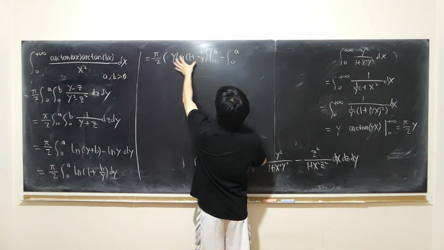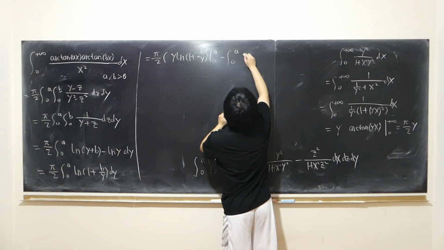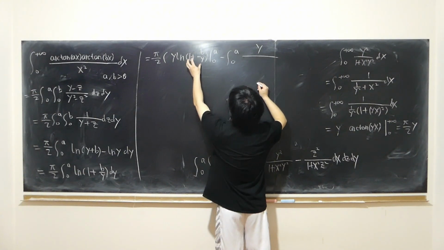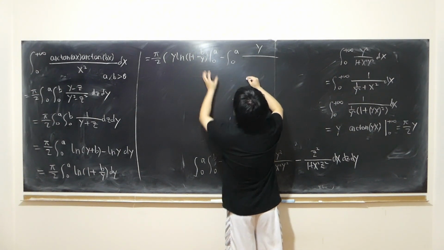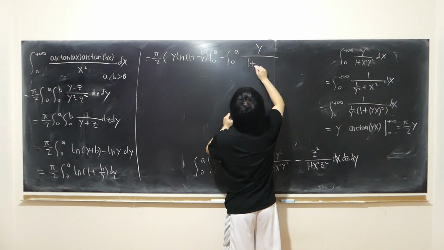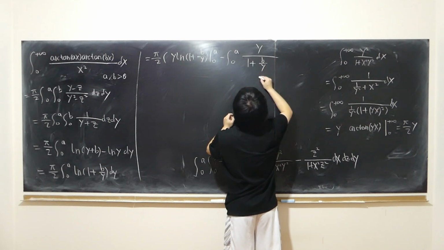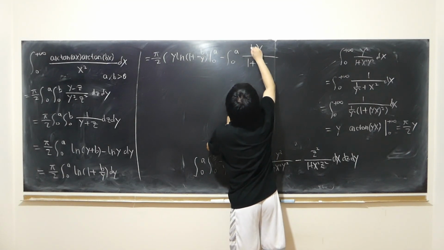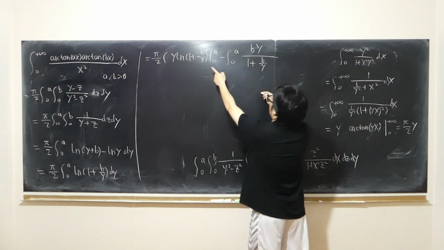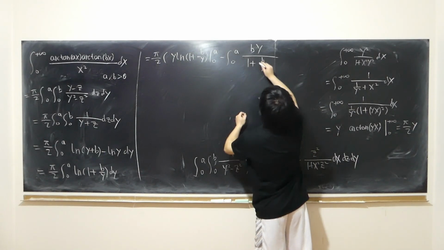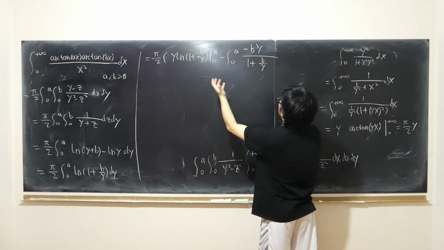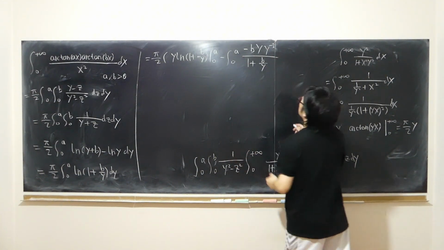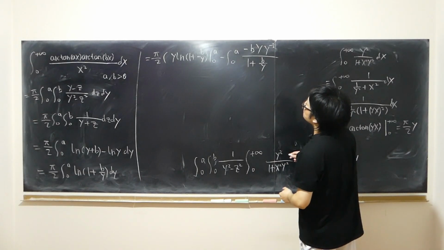du is differentiate this. y times the derivative of this one. So I put this under here. I then differentiate this one. We have a b up here, y to the negative 1, well, negative y to the negative 2, dy.